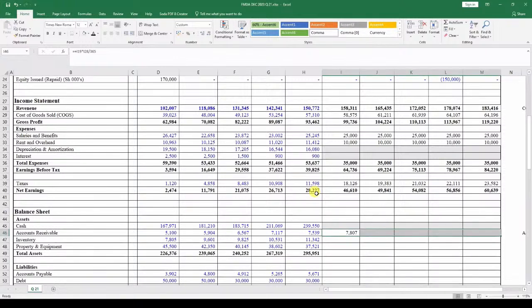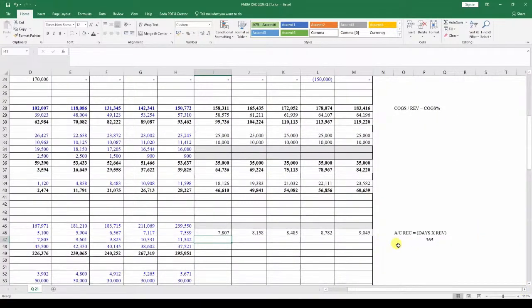So Shift Control R, we model that. Inventory is driven by cost of goods sold. So in a similar fashion, inventory is given by the inventory days times COGS, not times revenue, and here we're dividing by 365.